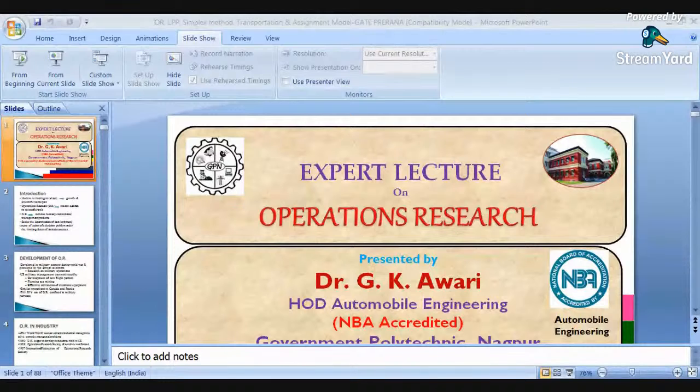So operation research consists of an interdisciplinary team to solve problems involving the control of organized man-machine systems.